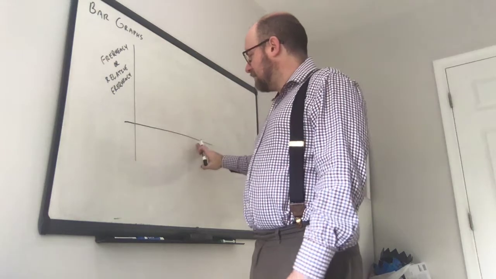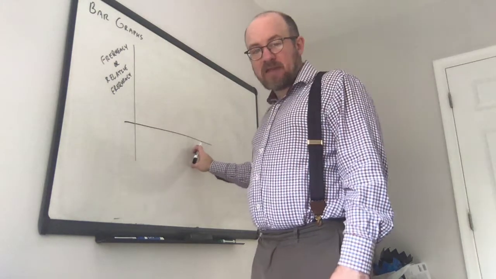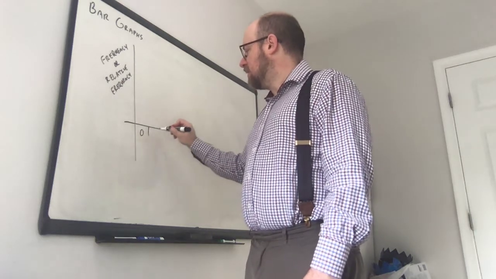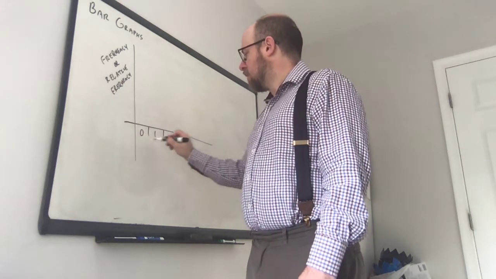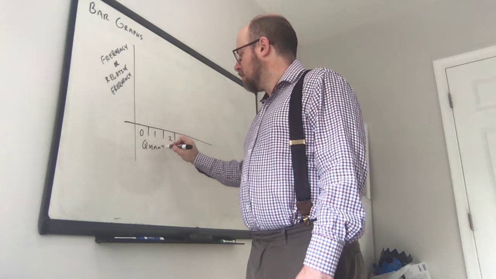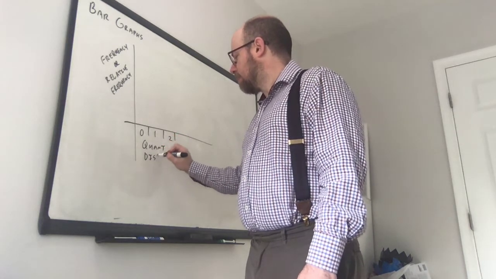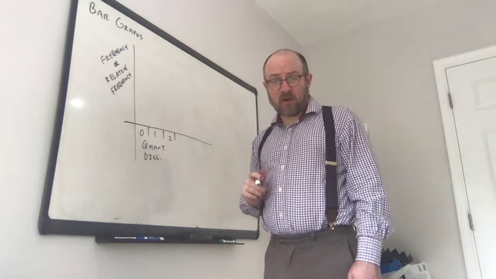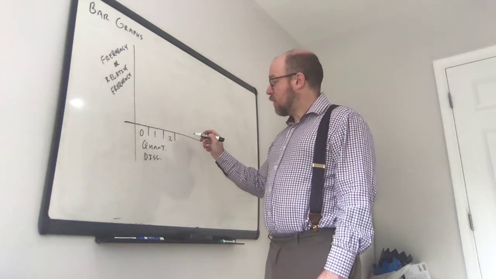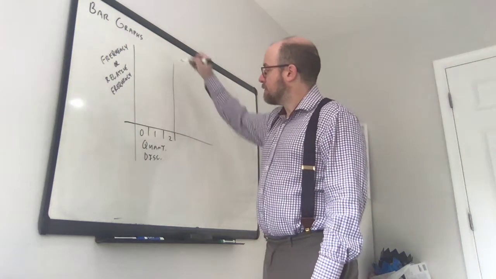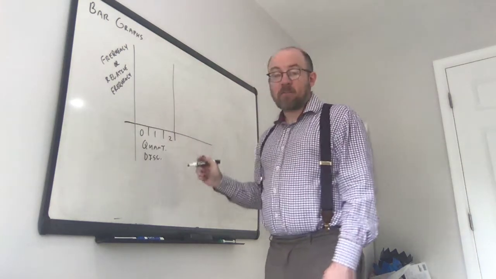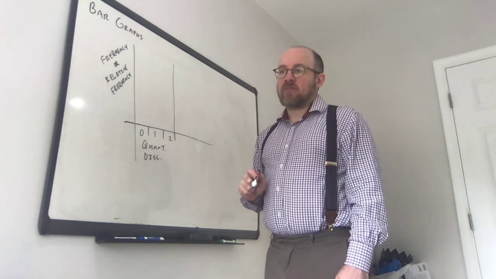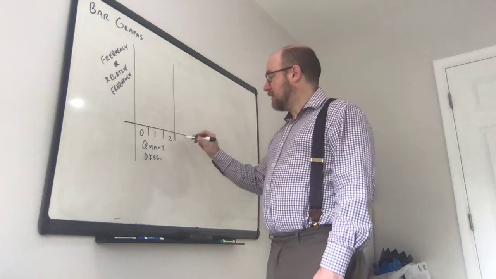The x-axis can actually be lots of different things. So you can have quantitative discrete data, like we just saw, or you can have qualitative data also. So maybe a different bar graph might be, for example, the grades that people got on an exam, right?